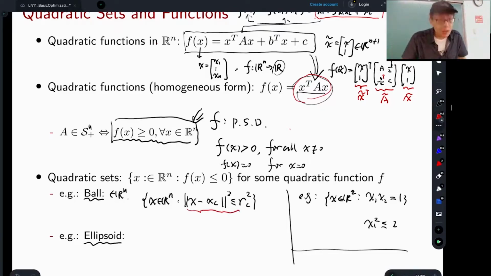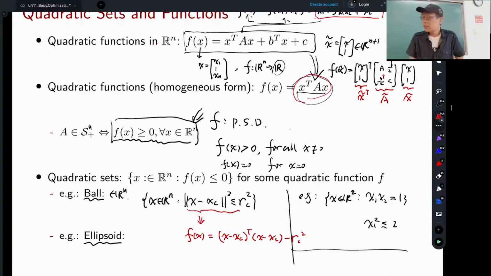So is this a quadratic set? Yes. Because you can think of f(x) as (x minus xc) transpose times (x minus xc) minus rc squared. That's my f(x), and f(x) less than or equal to 0 is a sub-level set of this f(x). Because this f(x) is quadratic, the ball is a quadratic set.